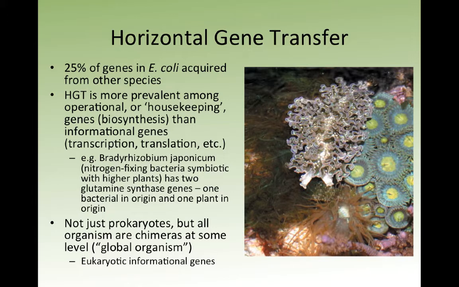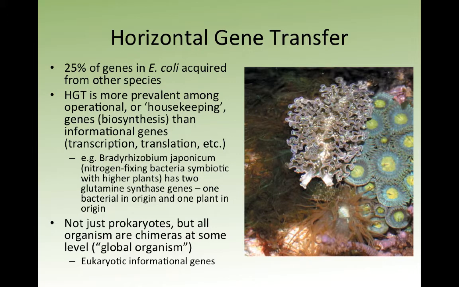So we can see all kinds of cases where genes are actually moving between organisms at a rate that's much more frequent than we would have expected. And there's a new book out called The Tangled Tree, which actually talks about this in quite a lot of detail.